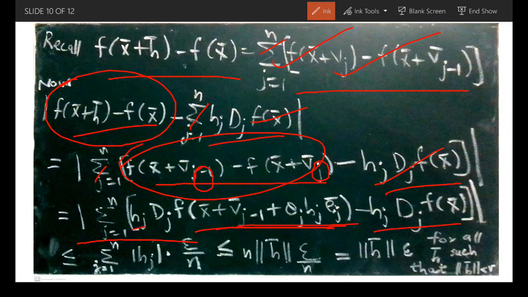Take |h_j| common, so less than or equal to sigma j = 1 to n |h_j| times this quantity, which was less than epsilon by n. The difference between modulus of d_j f at x + v_{j-1} + θ_j h_j e_j and d_j f at x was less than epsilon by n from the previous slide. Okay. Now sigma j = 1 to n |h_j| is less than or equal to n times norm of h.